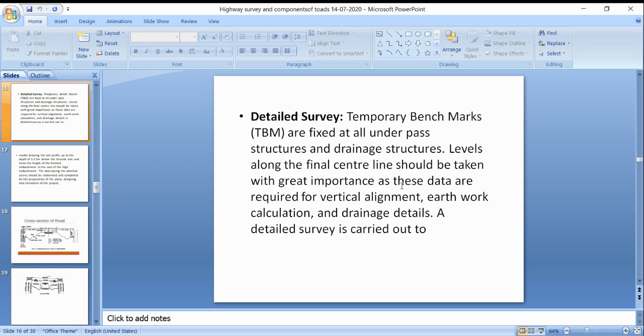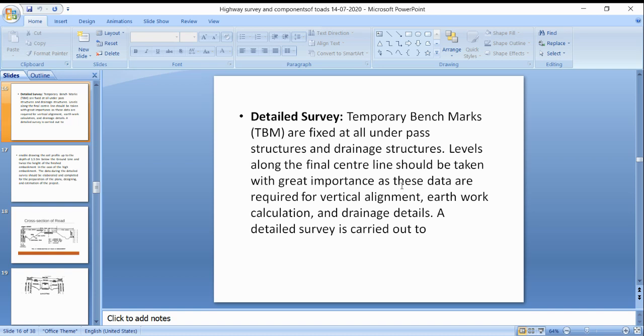Next comes the preliminary survey. The preliminary survey is done on the basis of the reconnaissance data. We have just studied the data of the field conditions recorded in the reconnaissance survey, and on that we are going to do the preliminary survey.